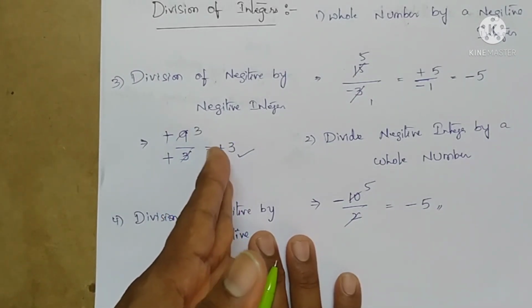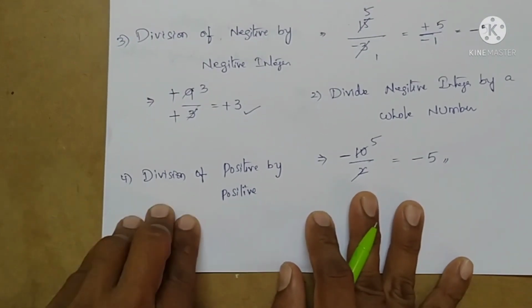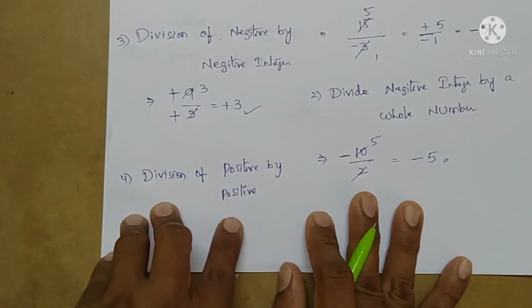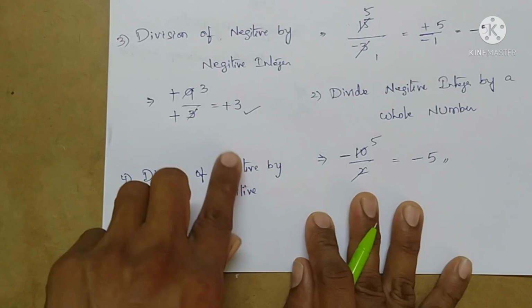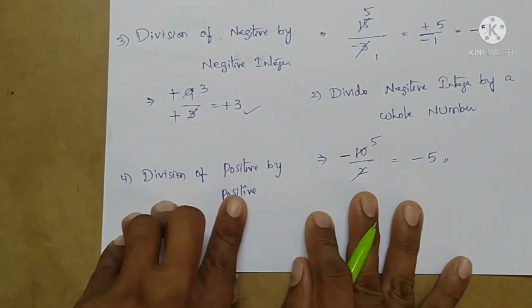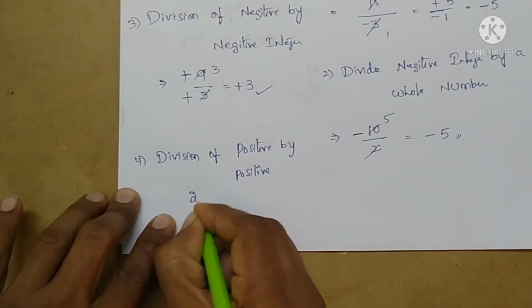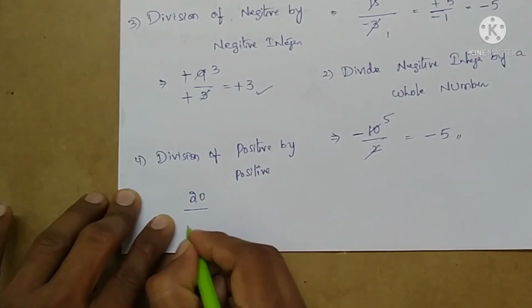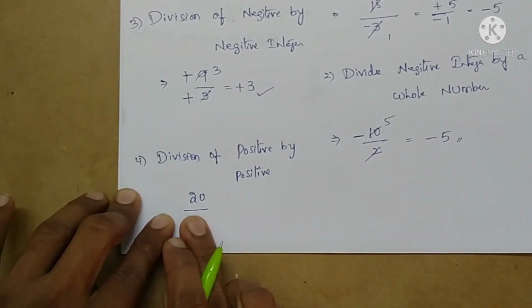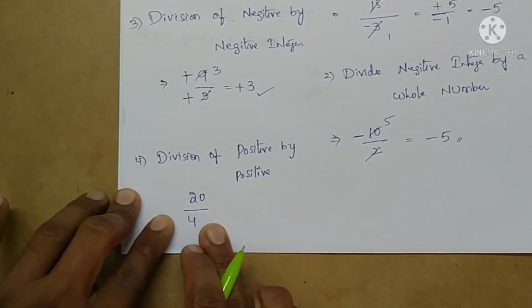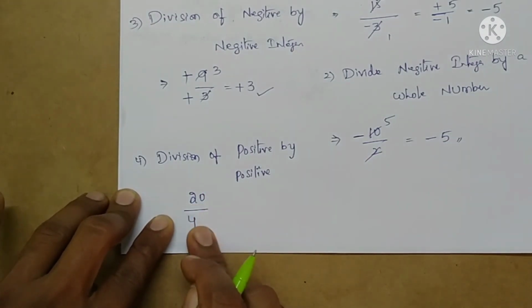Okay, right. Next, division of positive integer by positive integer. It is nothing but whole number by whole number. Let us take one example, 20 by 4. This is a positive integer, this is a positive integer.